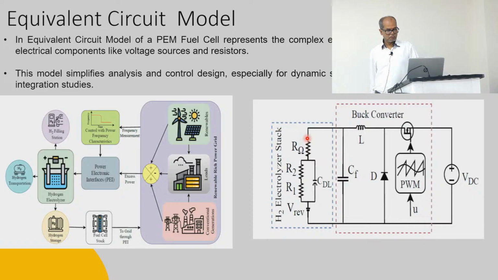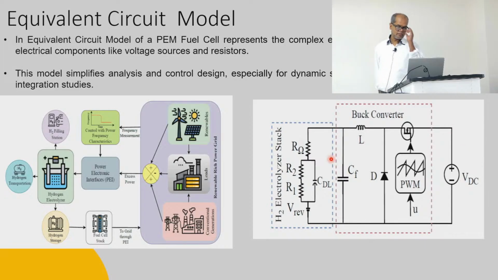That's actually quite enough in many cases to model the behavior of the fuel cell. And definitely, if you have a converter or inverter, you need to model those parts as well. But here I just included the fuel cell stack and one buck converter. We didn't consider the inverter.